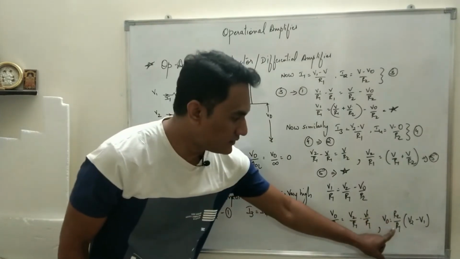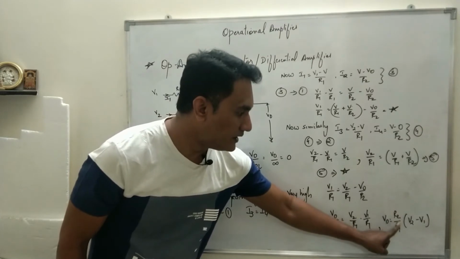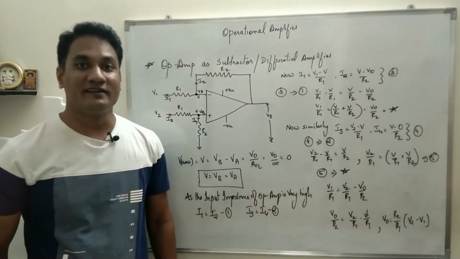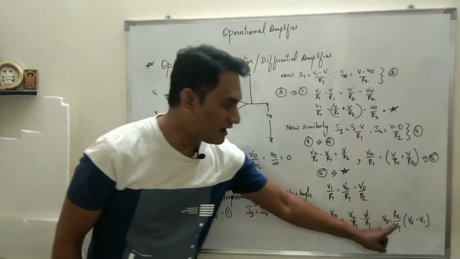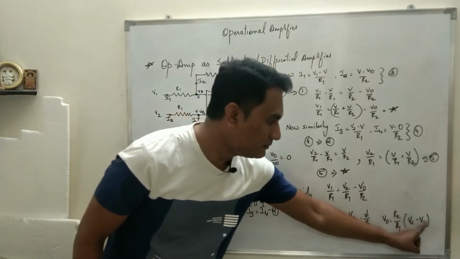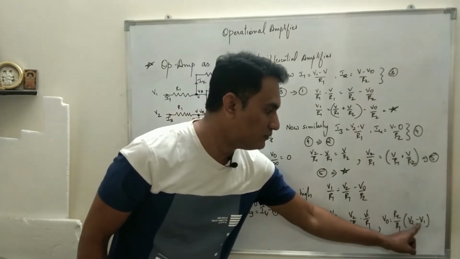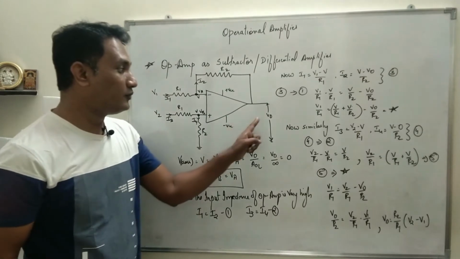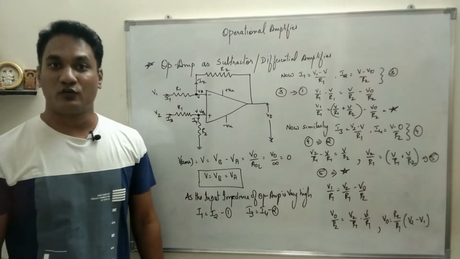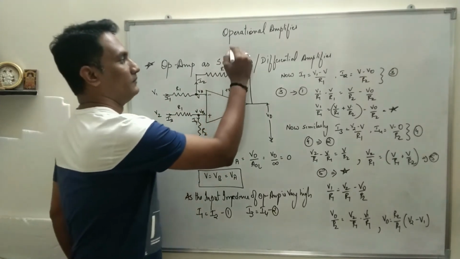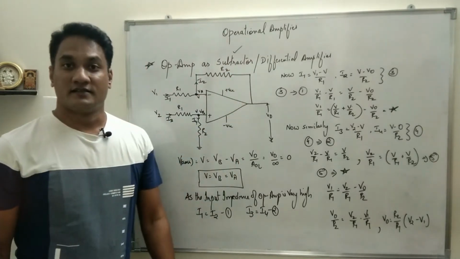Now in this equation, if I make R1 and R2 the same, this equation becomes V0 is equal to V2 minus V1. That means the output is the difference between the two input voltages. That means it works as a subtractor.